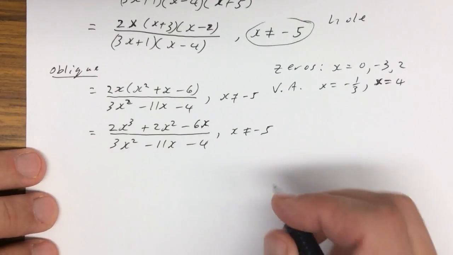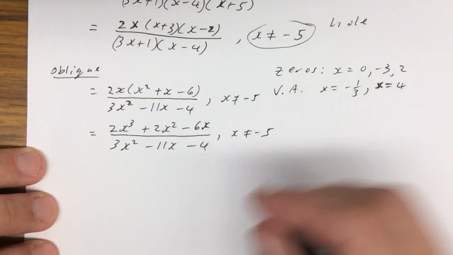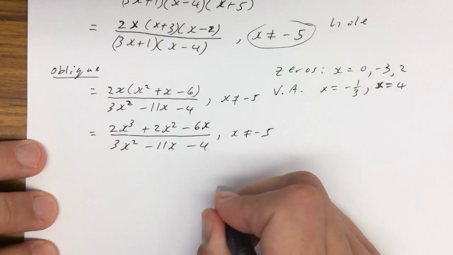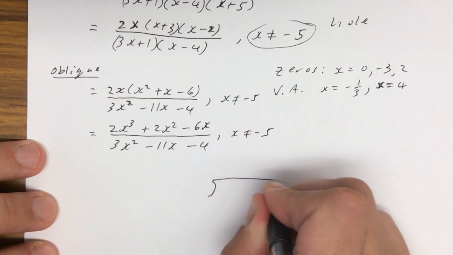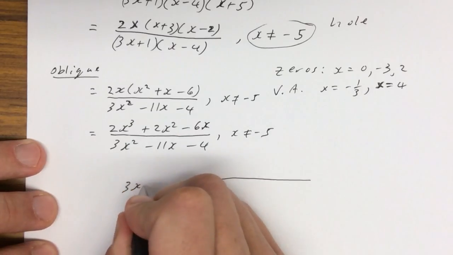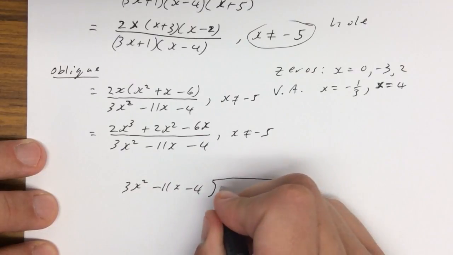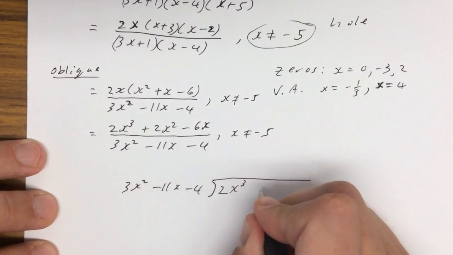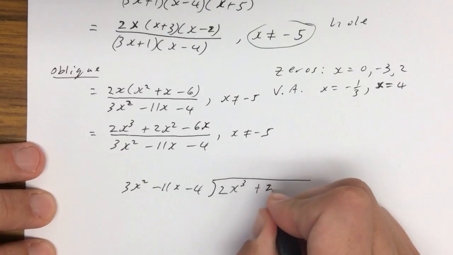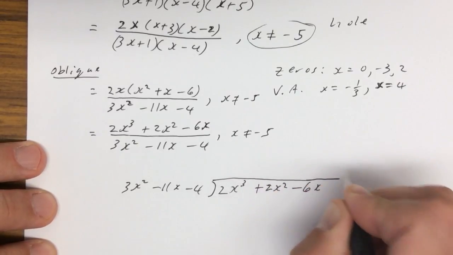So now we're going to do the long division. Okay, so we're going to divide that cubic by that quadratic. This is going to get a little bit ugly, so I'll leave some space here. Okay, so 3x squared minus 11x minus 4, 2x cubed plus 2x squared minus 6x.